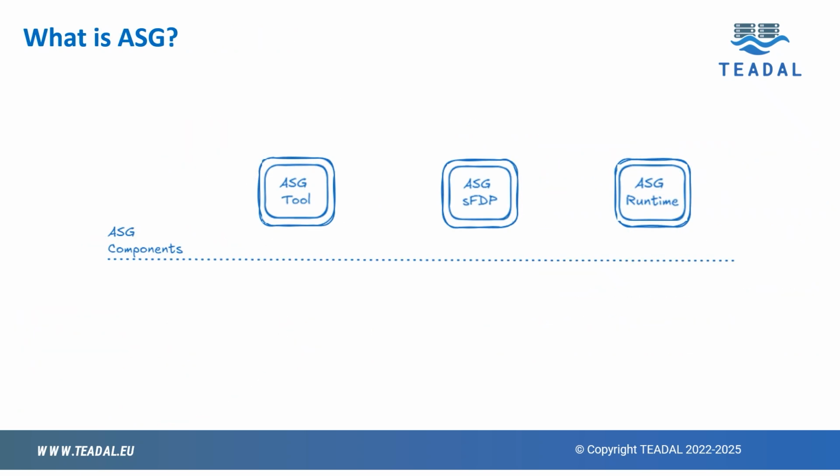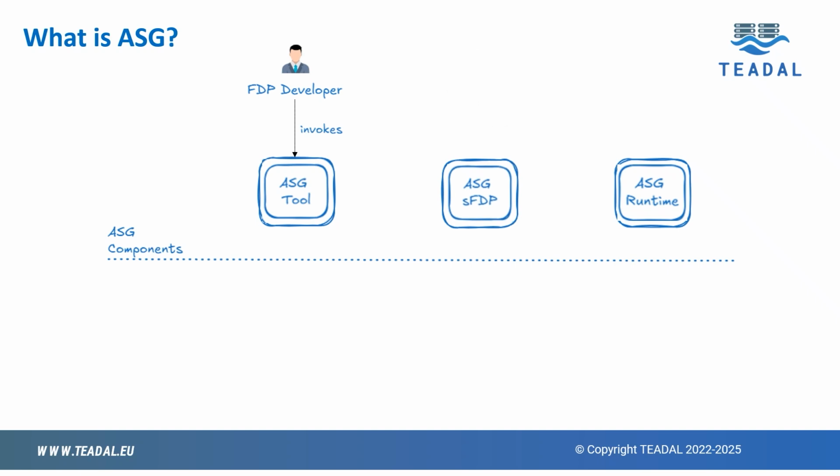The ASG subsystem consists of three key components. The ASG tool is a CLI-based generator used by the FDP developer to create sFDP projects. The ASG runtime is a reusable library embedded in each sFDP, responsible for executing endpoint logic, including fetching the data, transforming the data, and caching the data if needed.